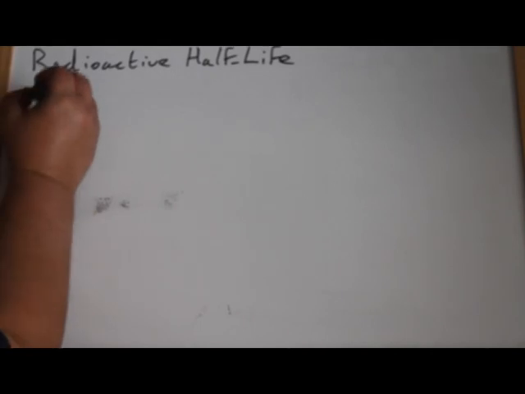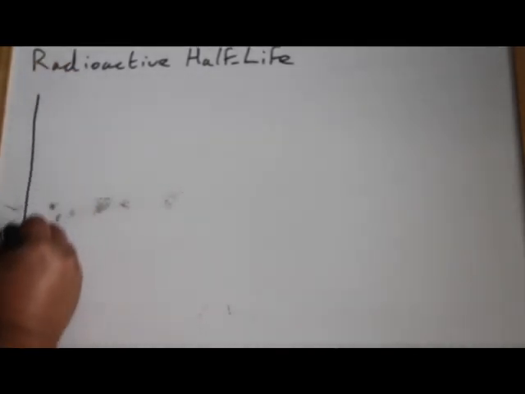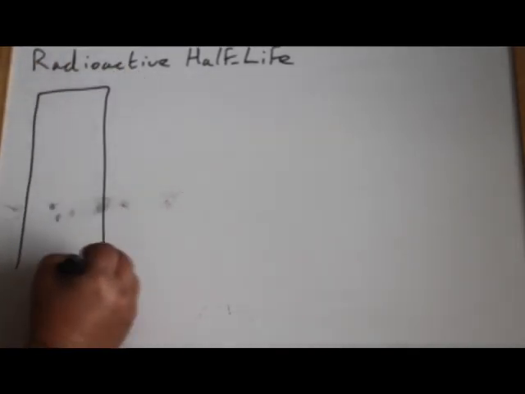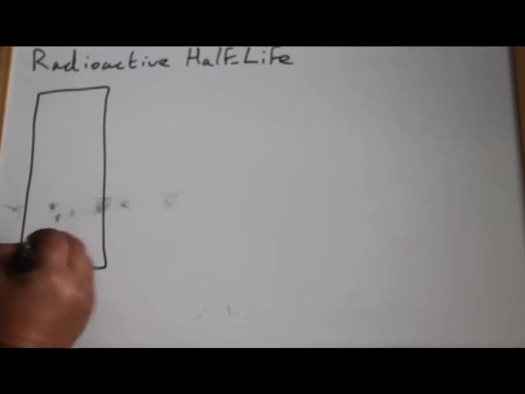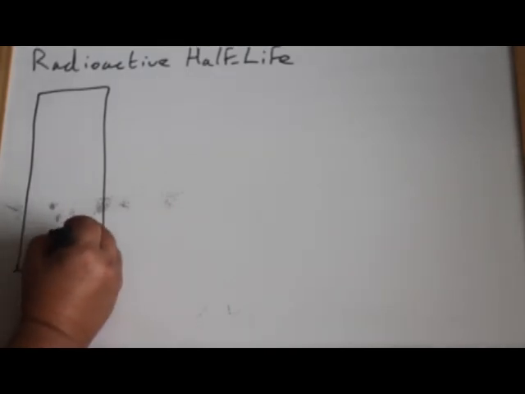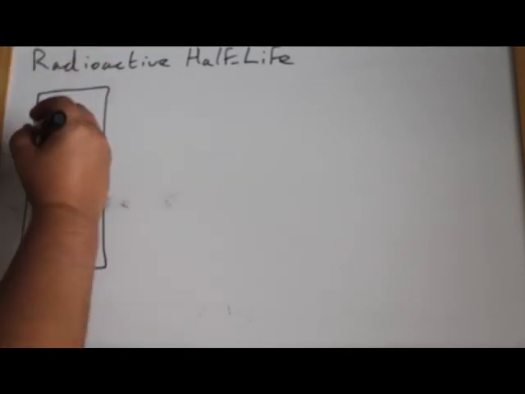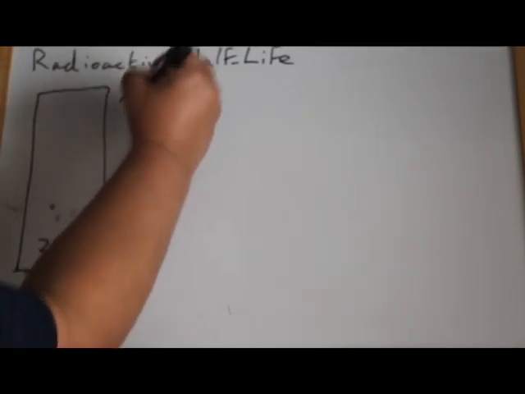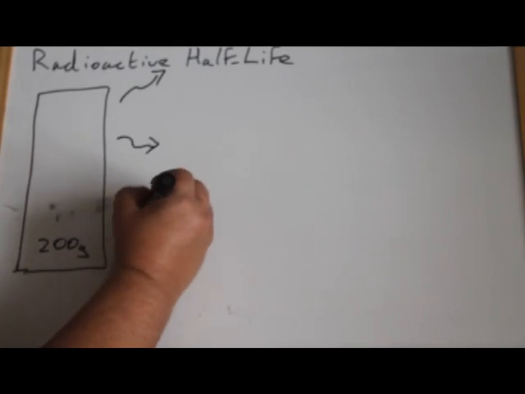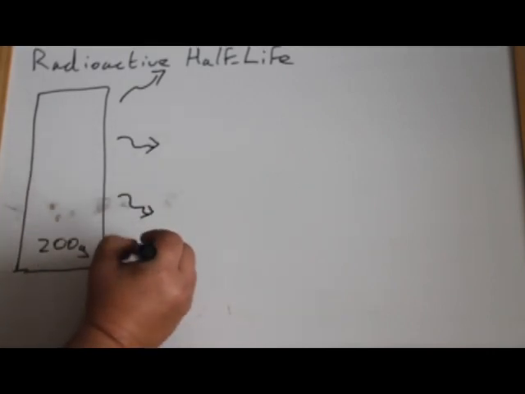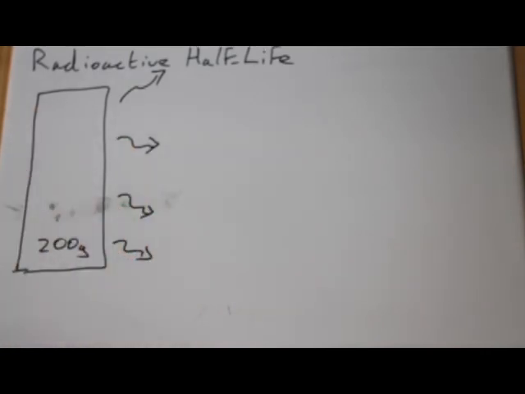If we take any radioactive material, say we've got 200 grams of this particular material and it's radioactive, so it's emitting radiation. Doesn't really matter which kind, alpha, beta or gamma.